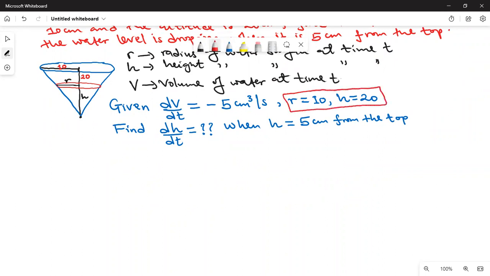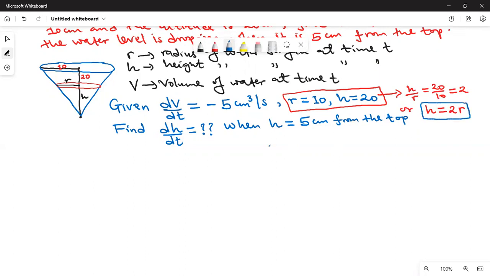So from here, it is clear that h divided by r is 20 over 10, which is the same as 2. Or h is equal to twice the radius. H is twice the radius. That's very important.